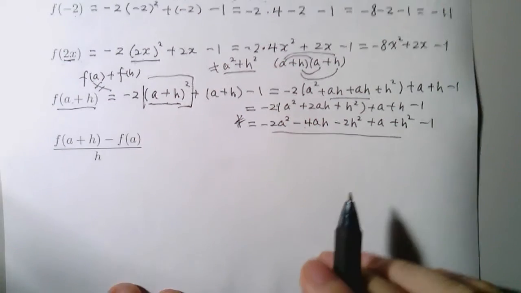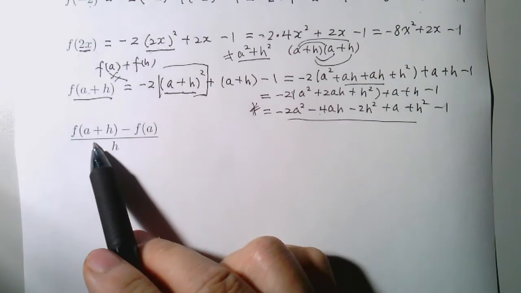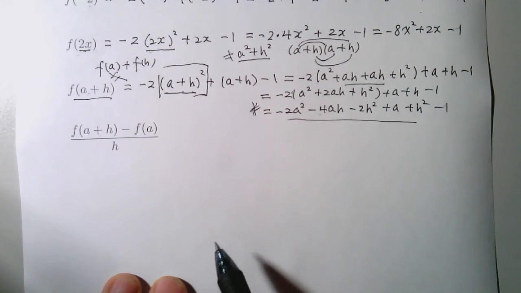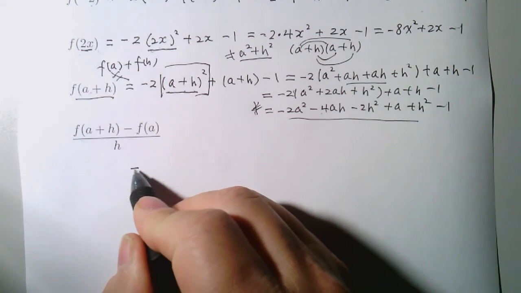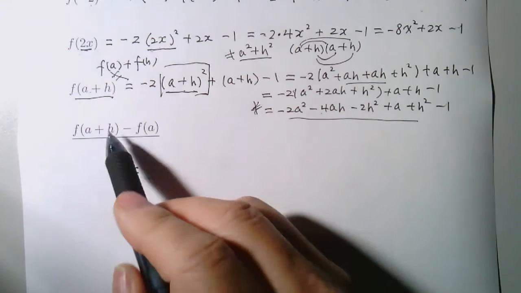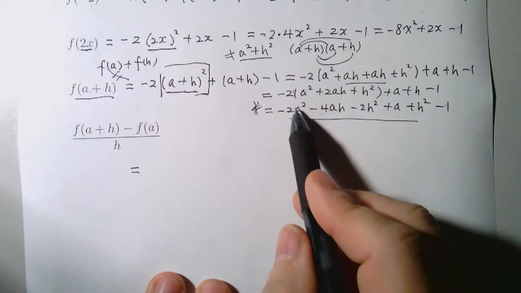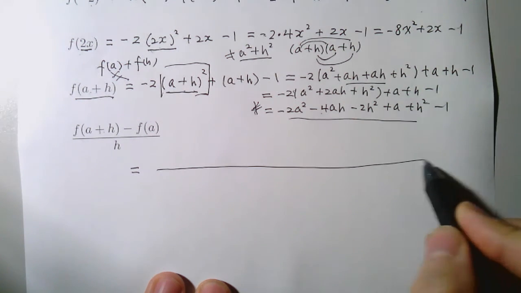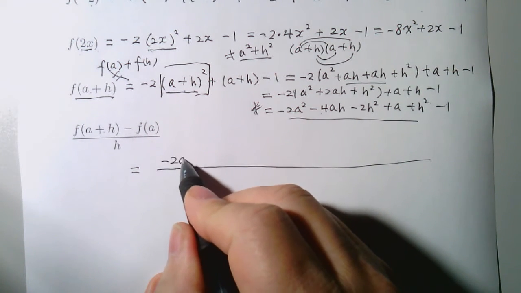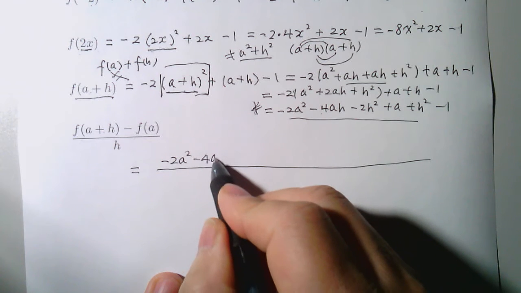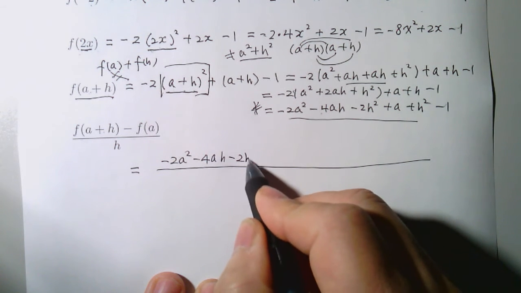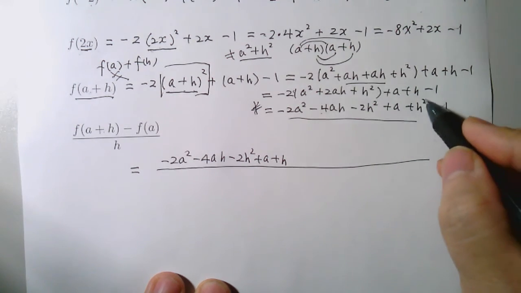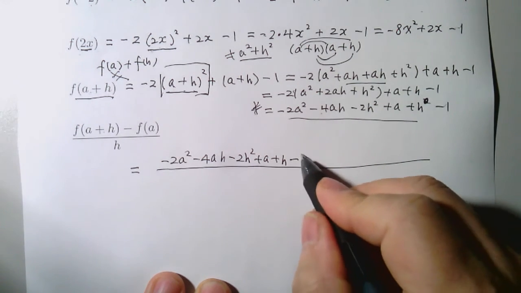So now we are ready to evaluate f of a plus h minus f of a, divided by h. This is equal to f of a plus h, which we already got here. So we're going to copy the whole thing: negative 2a squared minus 4ah minus 2h squared plus a plus h, there's no square, minus 1.